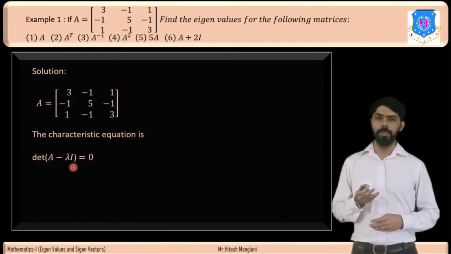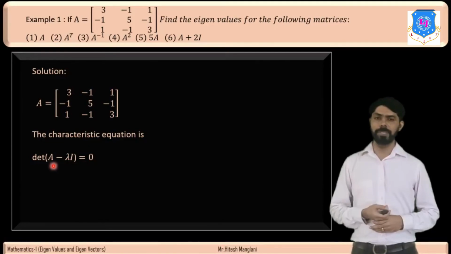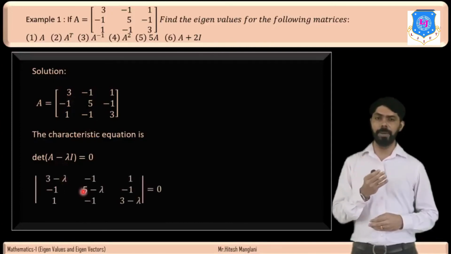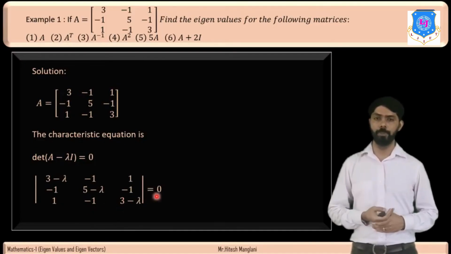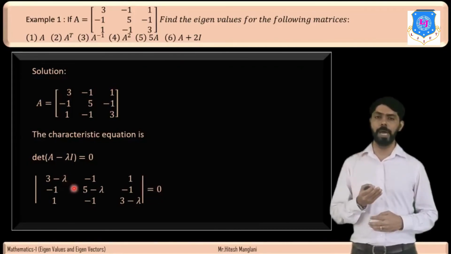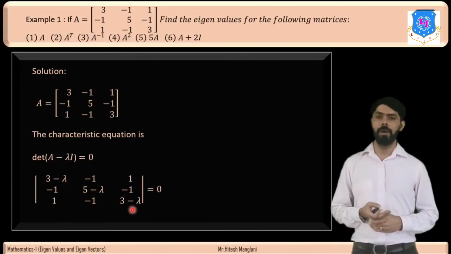If we find A minus lambda I, it will be [3 minus lambda, -1, 1; -1, 5 minus lambda, -1; 1, -1, 3 minus lambda], and the determinant of this matrix is equal to 0. Here the meaning of A minus lambda I is that we subtract lambda from the principal diagonal elements.